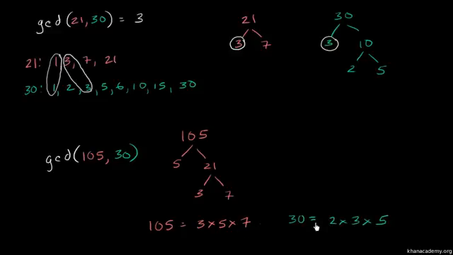So what's the most number of prime factors that they have in common? Well, these two both have a 3, and they both have a 5. So the greatest common factor, or greatest common divisor, is going to be a product of these two. In this situation, the GCD of 105 and 30 is 3 times 5, which is equal to 15. So you could do it either way.